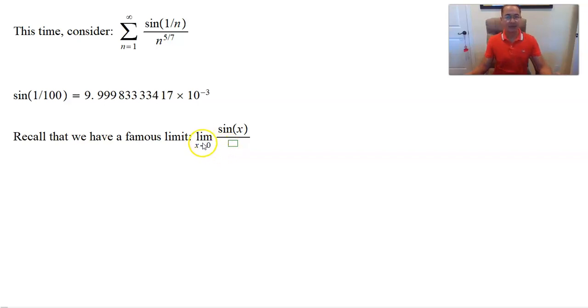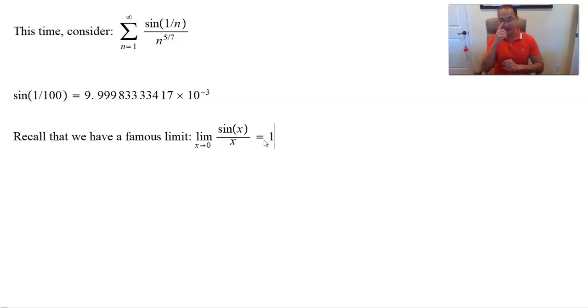What is the limit as x approaches 0 of sine x over x? We saw that as n is getting bigger, 1 over n is getting smaller, 1 over 100 is a small number, its sine is also a small number. What is the limit as x goes to 0 of sine of x over x? I hope you remember that limit is equal to 1.